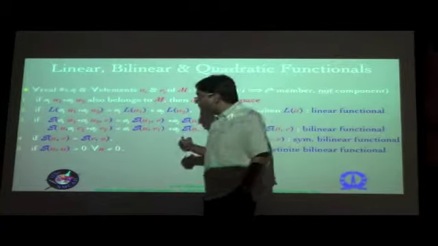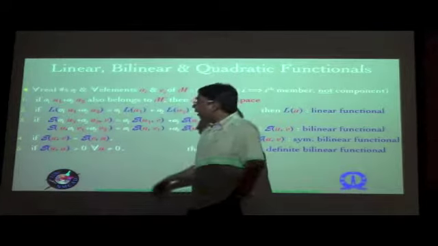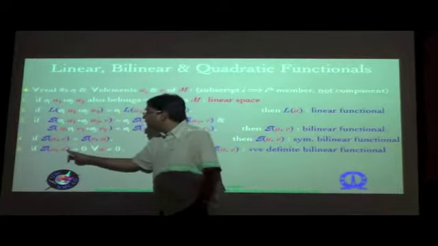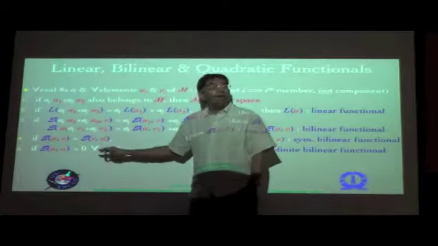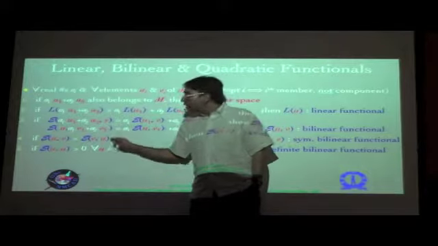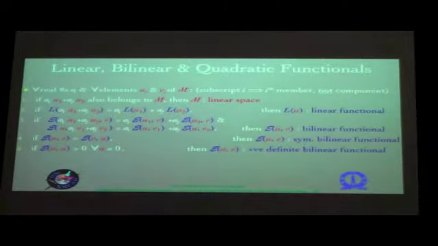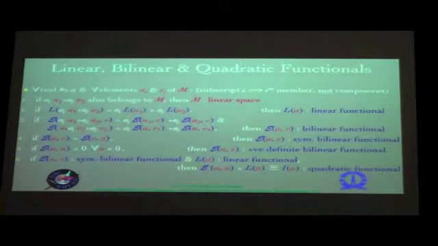In fact, we talked about that in one of the first few classes. So, if you have E of u comma u greater than 0 for all values of u which are non-zero, in such a situation you call that E a positive definite bilinear functional.